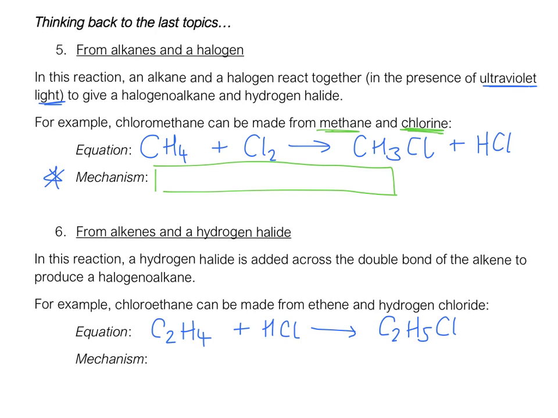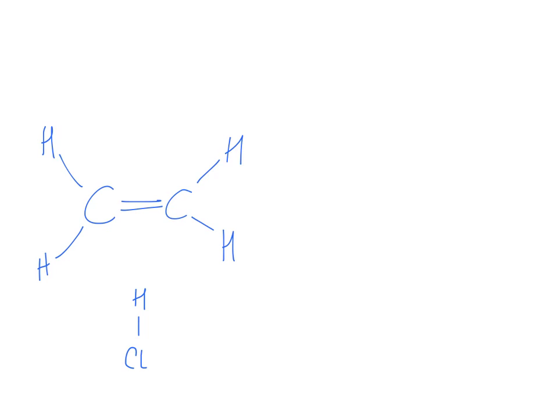Just to recap on that, your mechanism should look like this. You remember, there's our ethene. This is something you should be very confident in drawing now. And our hydrogen chloride is our electrophile. Hydrogen is delta plus. Chlorine is delta negative because of our dipole.